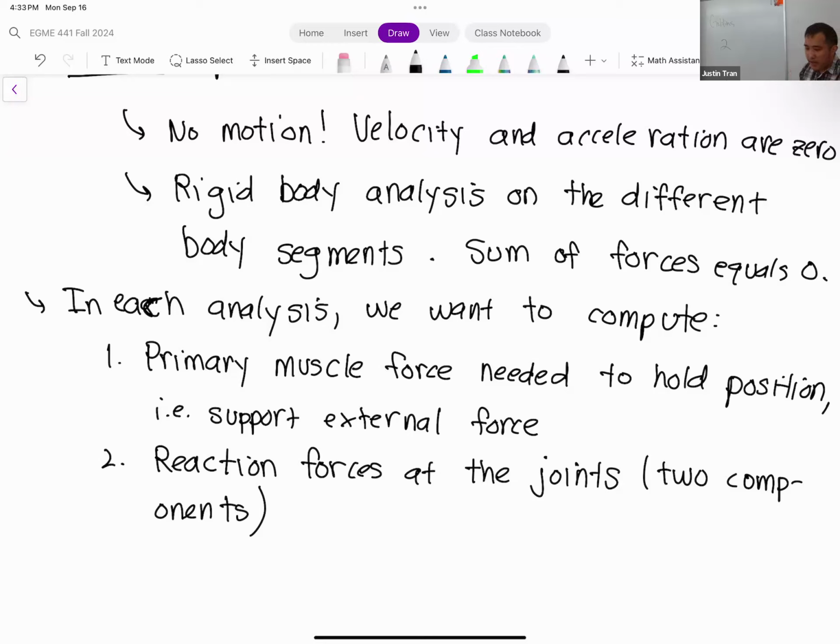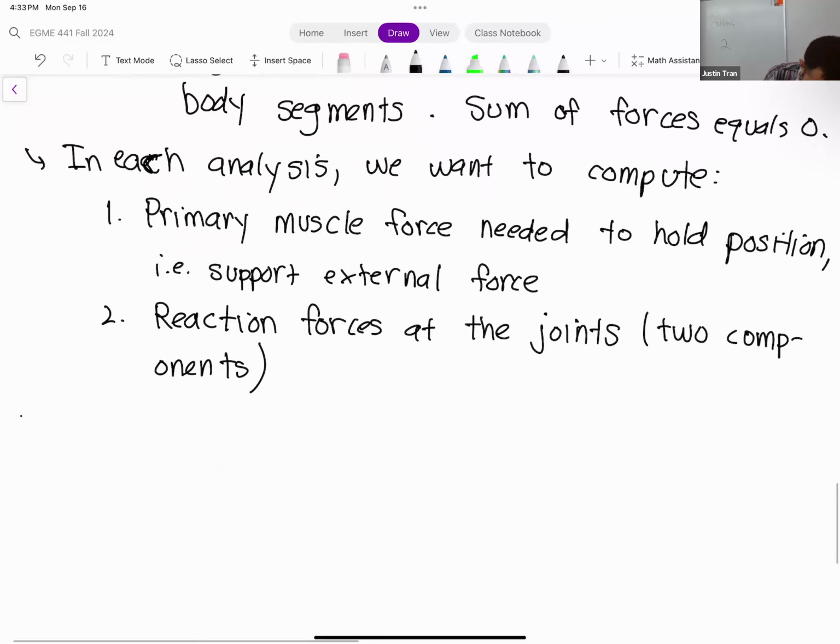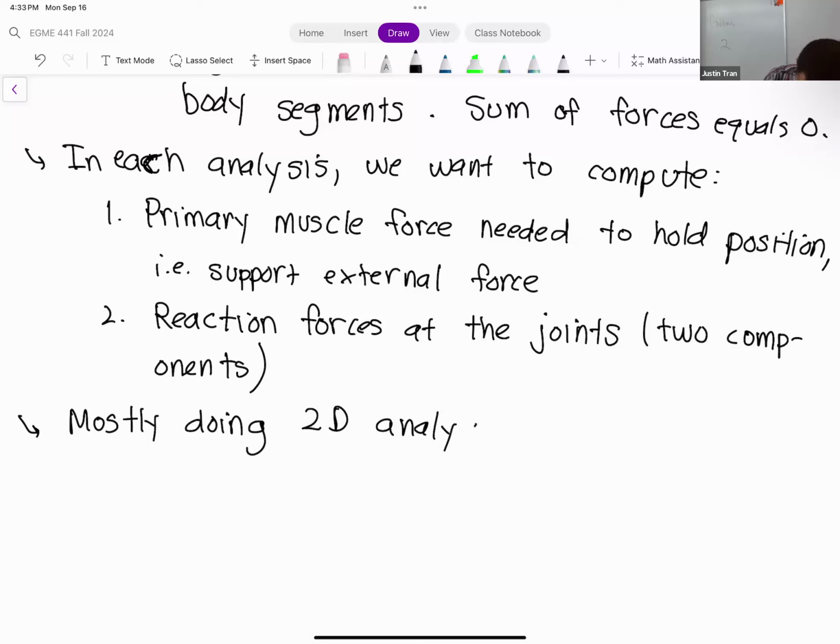And you might be wondering why the magic number is 3. And so because in this analysis, for this class, just for the sake of simplicity, we're going to be focusing mostly on 2D. Okay.